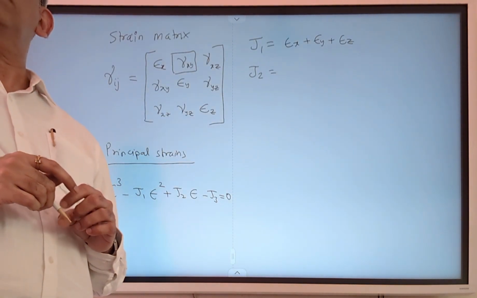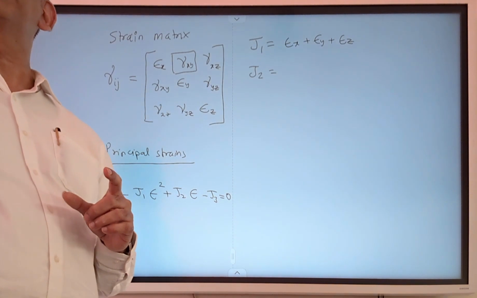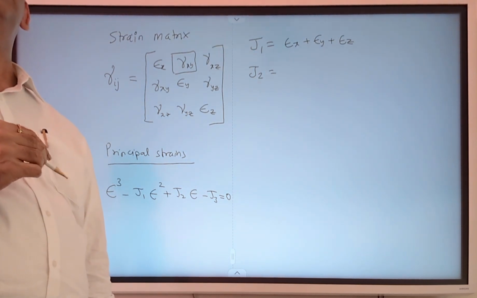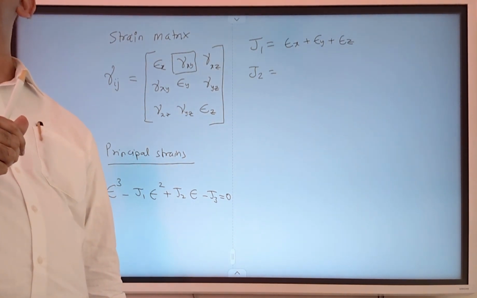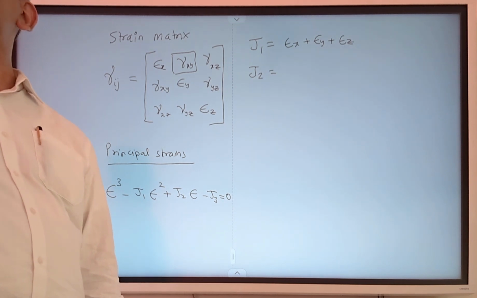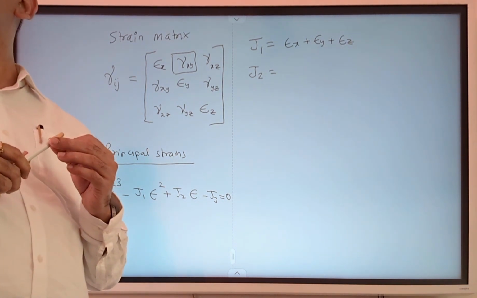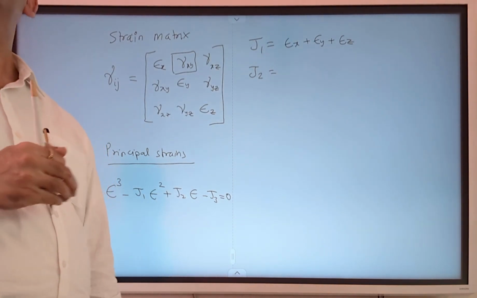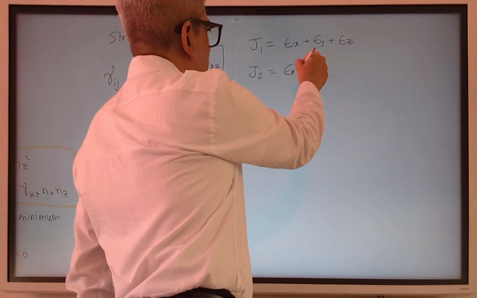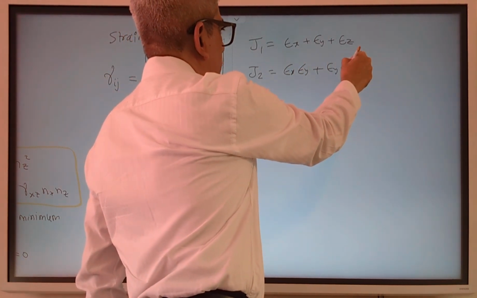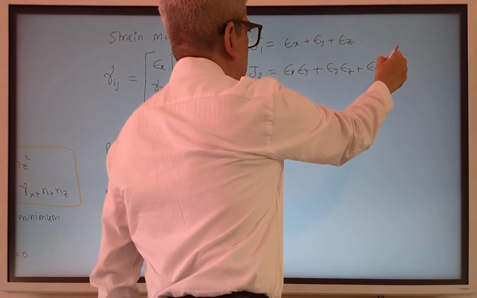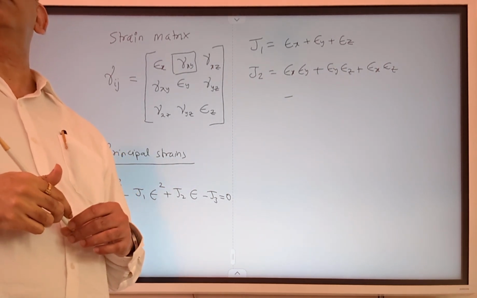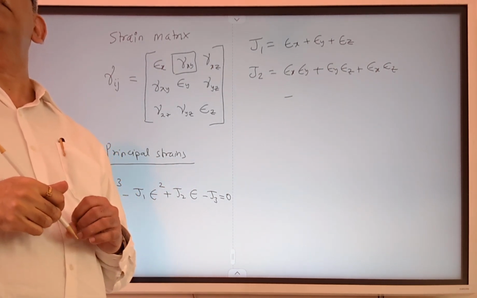I think one batch has done the tutorial just yesterday. It is a product of two terms: epsilon x into epsilon y plus epsilon y into epsilon z plus epsilon x into epsilon z, and then there are 3 minus terms corresponding to the shear cases.